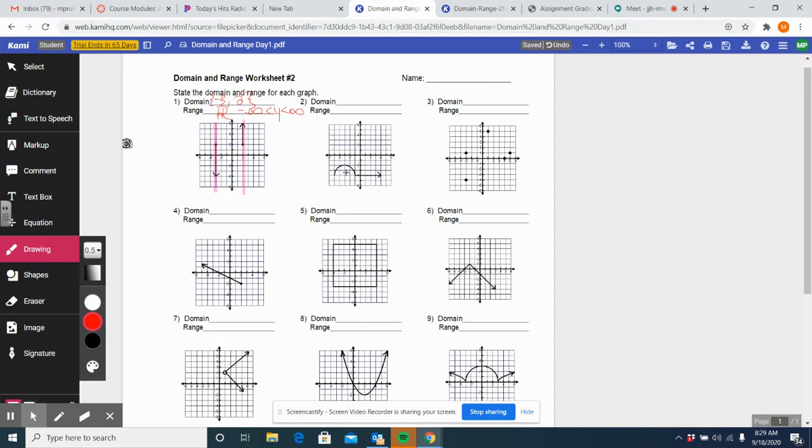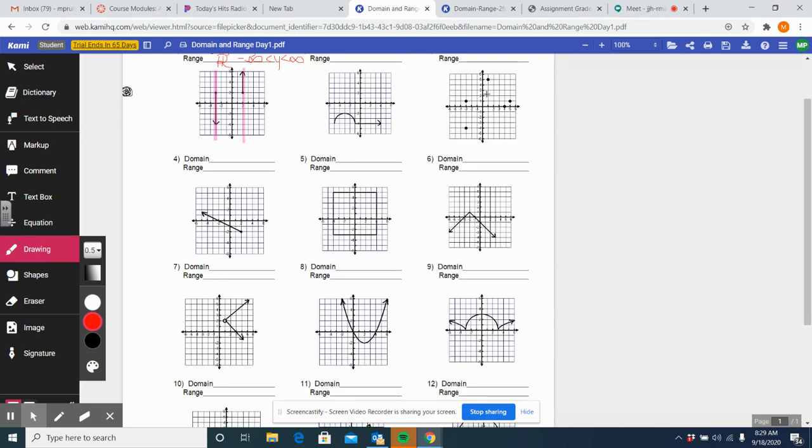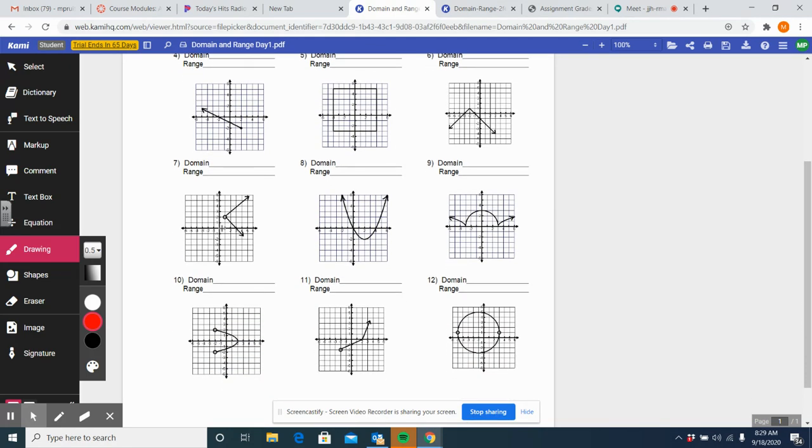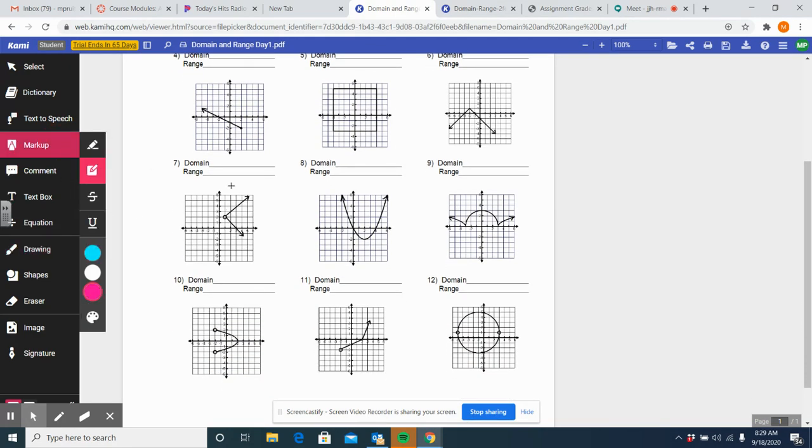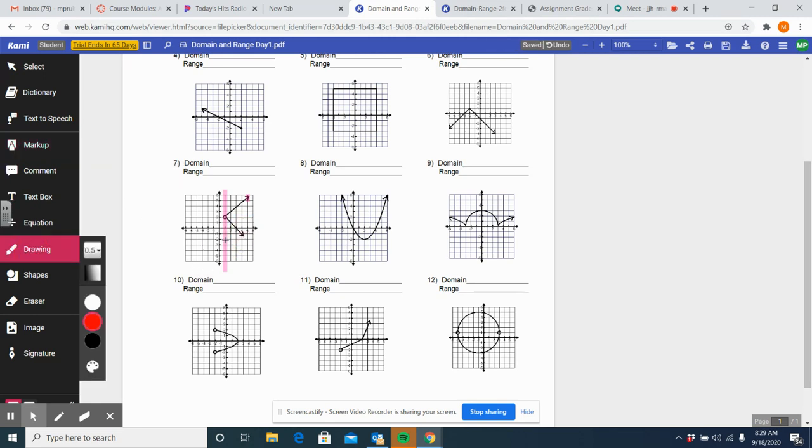Okay. So this one. Let's see. This is discrete. That's the one where you're going to list them. Okay. And let's do 10. I'll do 10 with you. Okay. So 10. Farthest left to farthest right. So farthest left is right there. Farthest right, these are arrows. So it's going to continue on and on to infinity. So you can write it as 1, and that's an open circle.